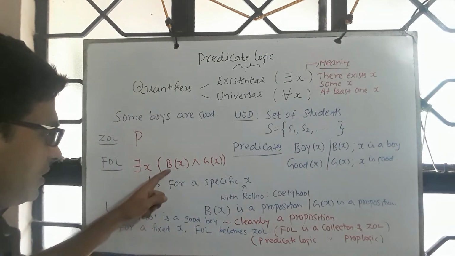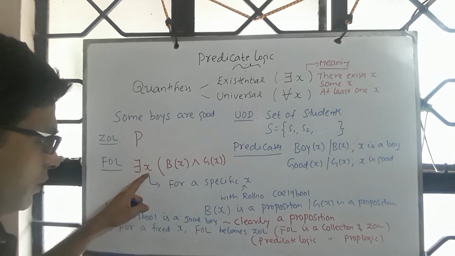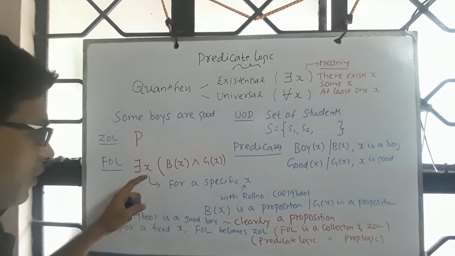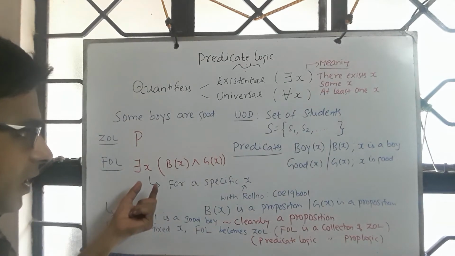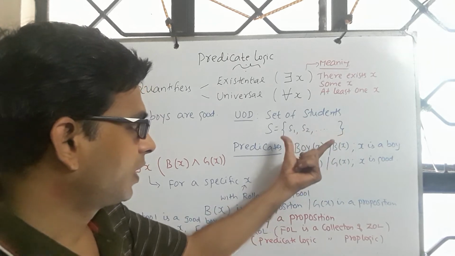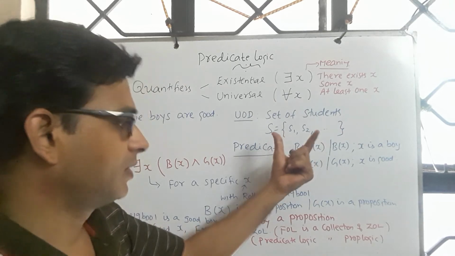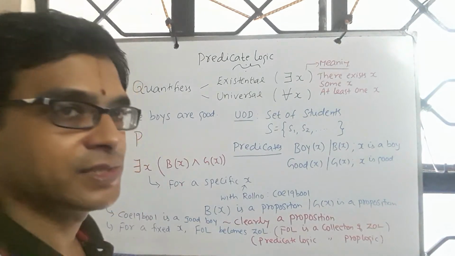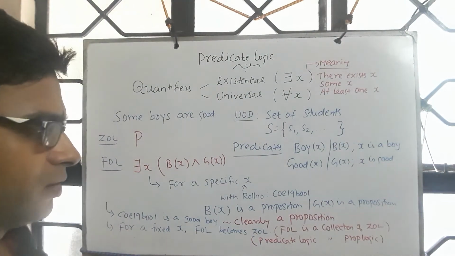So you talk about this with respect to COE 19 B001, COE 19 B002, and so on up to say 65. So you talk with respect to each of them, then this becomes a proposition, this becomes a proposition, and so on. You talk as a whole, you talk as a group, you talk as a set, then you bring in quantifiers, you bring in predicates, it becomes first order logic. It becomes predicate logic.